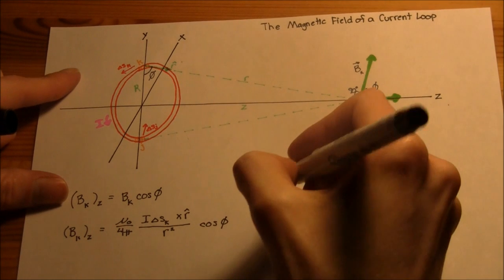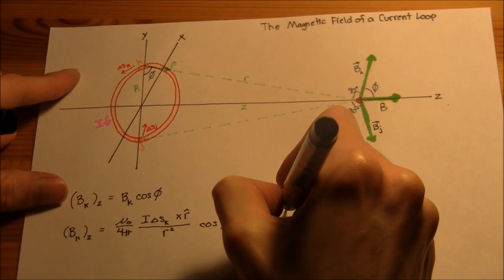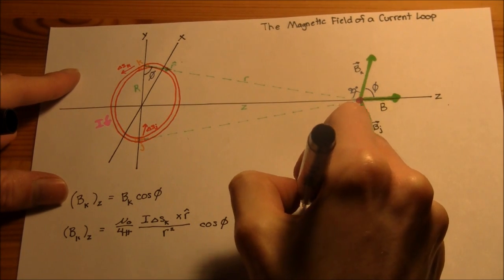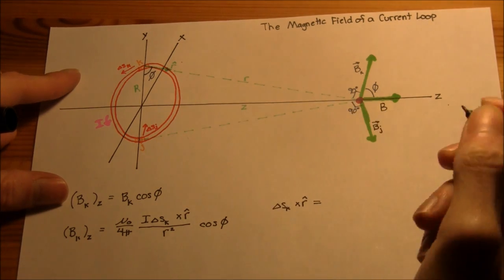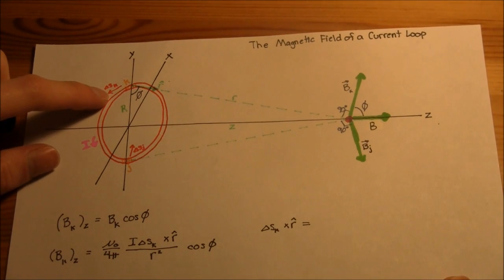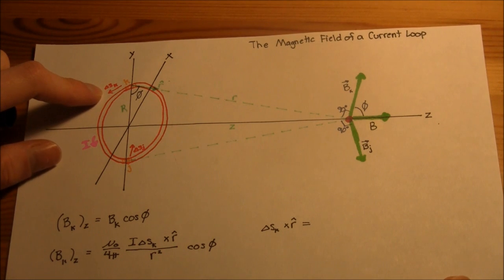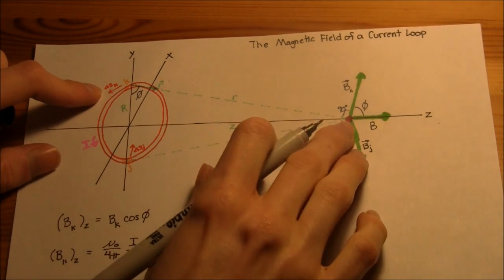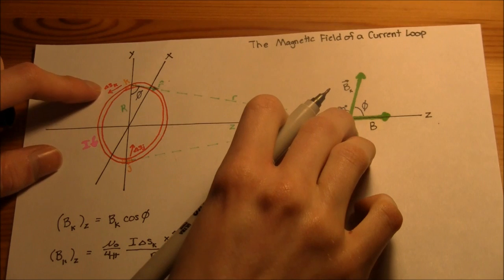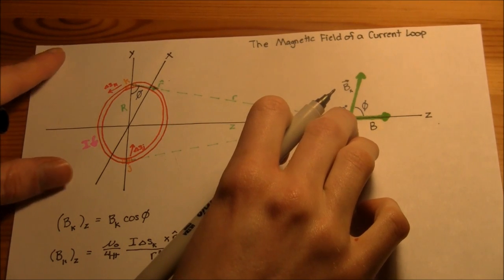So for the cross product of delta S_K times R hat, we have delta S_K in this direction here, and our R hat pointed towards the point we are trying to evaluate the magnetic field at.